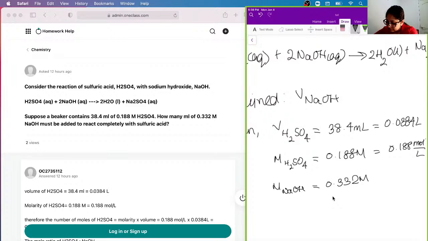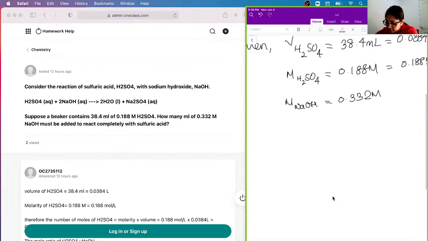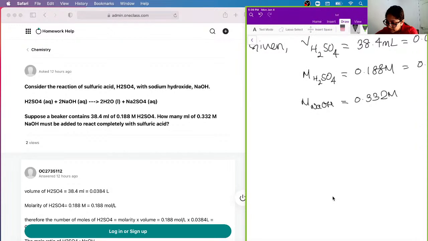So the next step would be to find the number of moles of H2SO4, since we have the volume and the molarity. So now we can say number of moles of H2SO4.